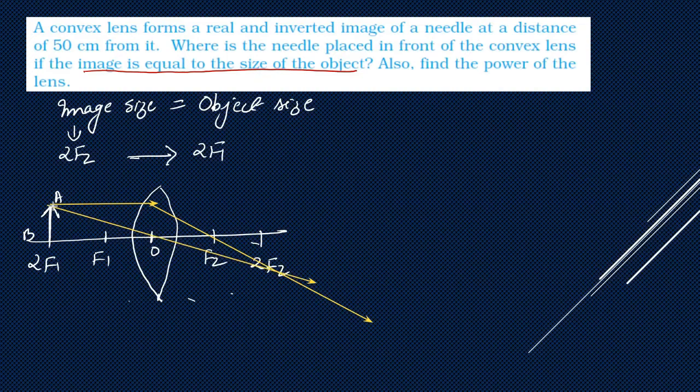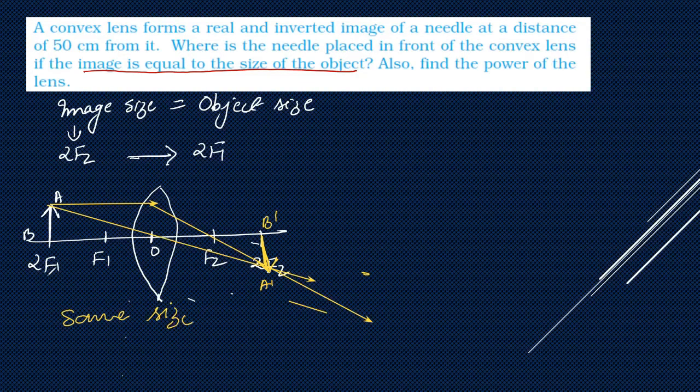Now I just need to take this thing. So this is where my image is formed. A dash, B dash. Both are of the same size.